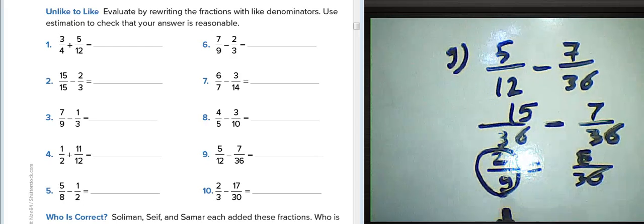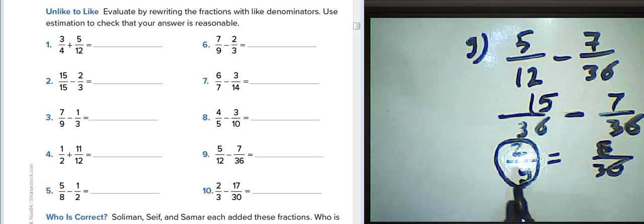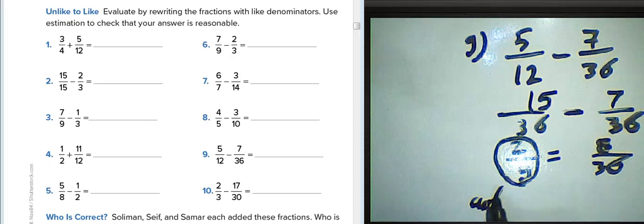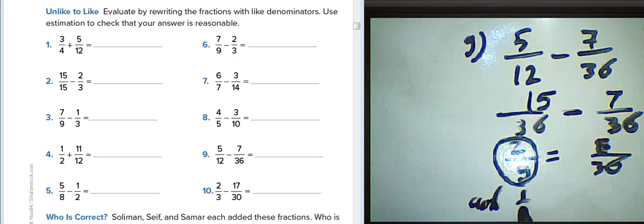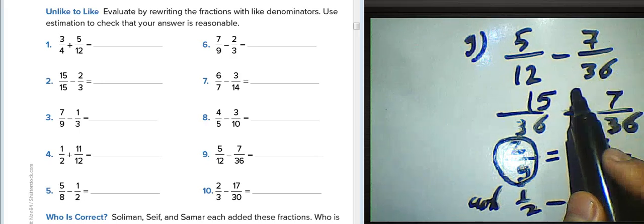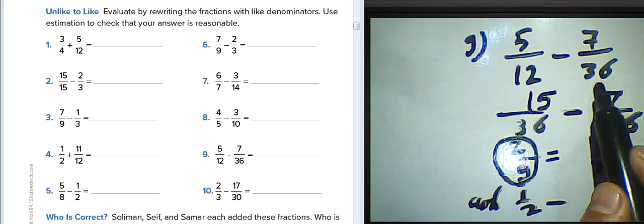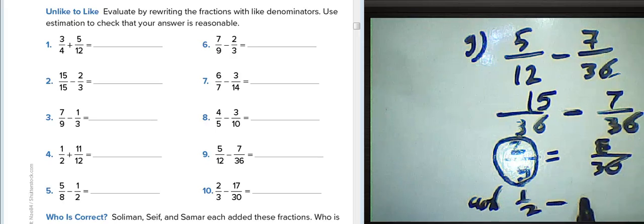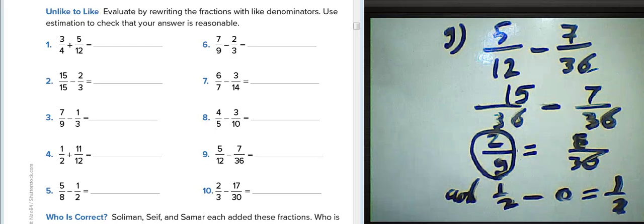Okay, and we can approximate the result here. 5 over 12 is nearest to half, and for 7 over 36, half of 36 equals 18, and 7 is nearest to 0. The result will be half. That's the estimation here, half.